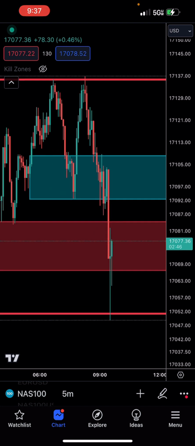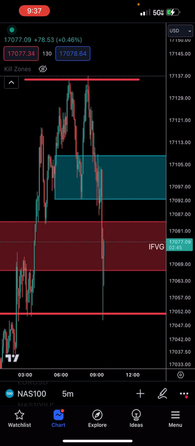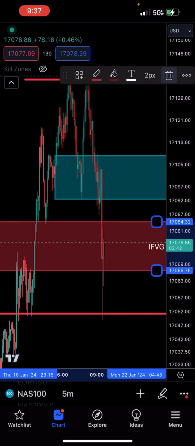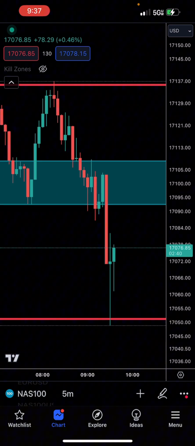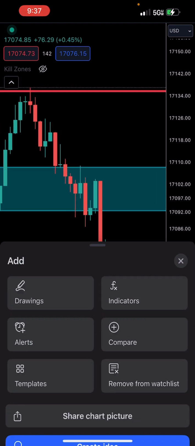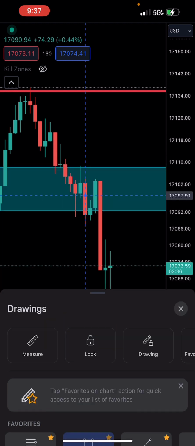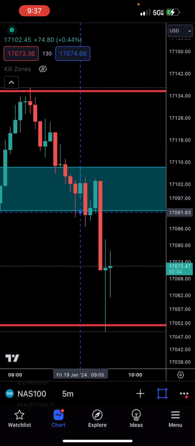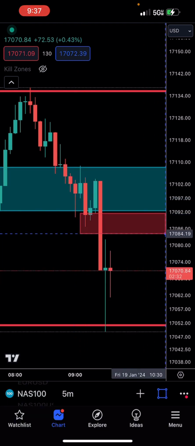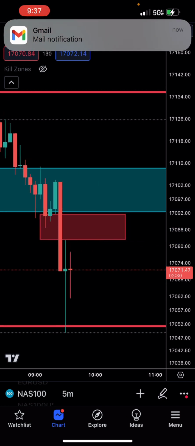So I'm going to remove this inversion off of my chart because I want to see if this fair value gap is going to be valid. Plus we got the breaker right above it, and we have an order block right there as well.